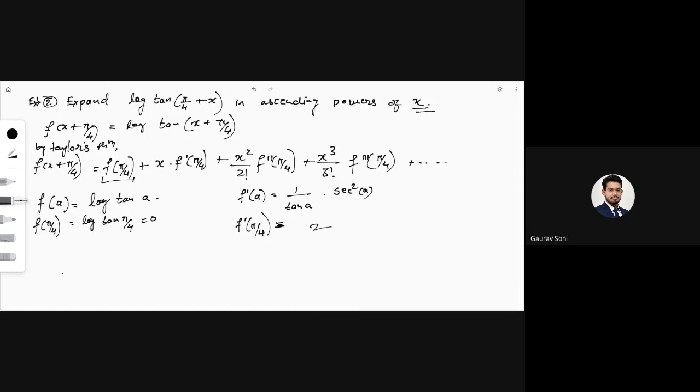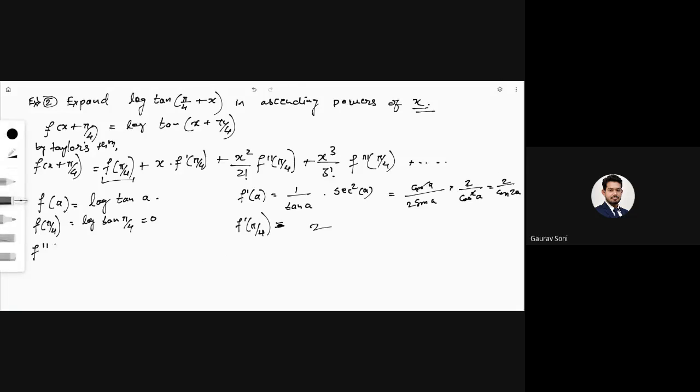Right? Yes, sir. And tan is nothing but sin by cos. So cos a upon sin a. Sec square a is 1 upon cos square a. So 1 cos will get cancelled out. So multiply and divide by 2. So this will be 2 upon sine of 2a.